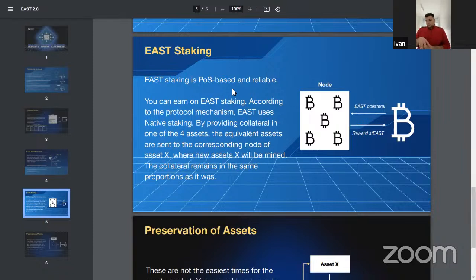When you bring collateral and issue ETH, you can stake it, and all the collateral you have after issuing ETH will be sent to proof-of-stake nodes, which will mine transactions and get rewards. Because of these rewards, we can issue more ETH and give it to the stakers. It is the most honest, most clear way to show where the stakers get their rewards, where they get this additional percent.